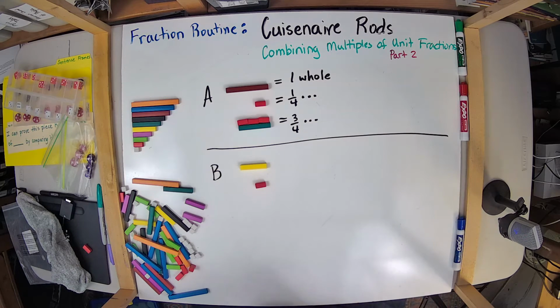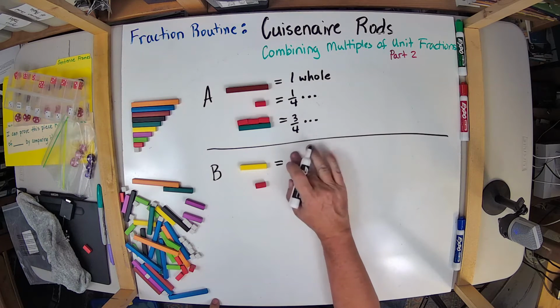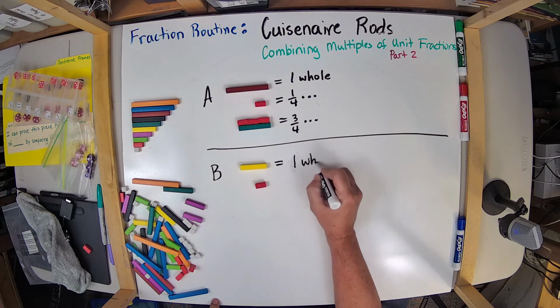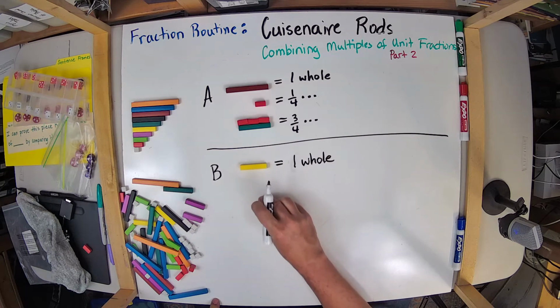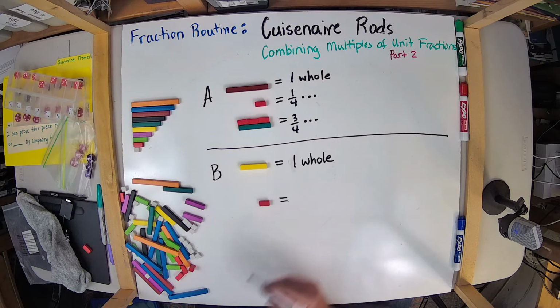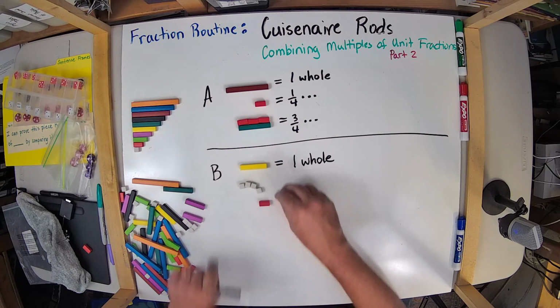And then I want to know what's the value of the red one. So if I say that this is equal to 1 whole, then what's the value of the red one equal to? And you might want to leave space for kids to do an intermediate value. And so I'm going to do an intermediate value of whites.